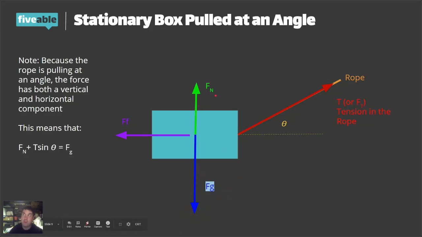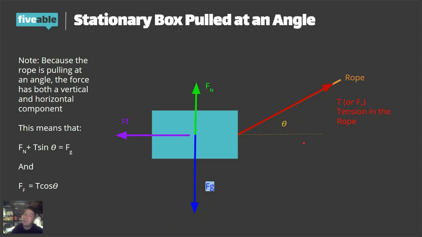And that means that our normal force is less than the force of gravity because we have this other upward force going on. This also means that our force of friction is not equal to the tension in the rope, but it's equal to the horizontal part of this tension.